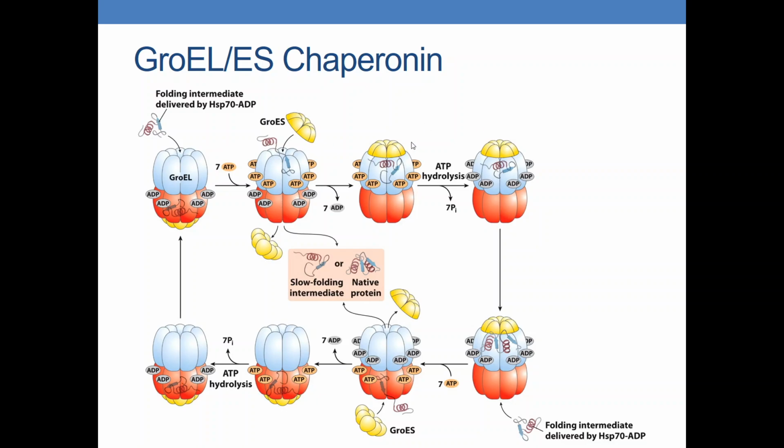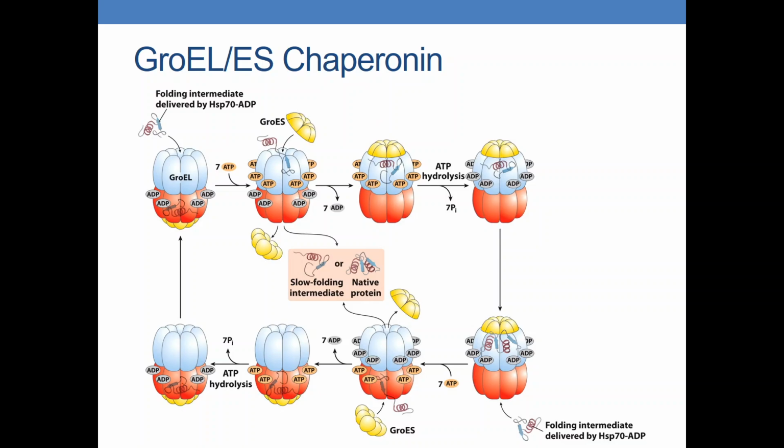So now we have a capped off, substrate bound, ATP bound cis GROEL ring that is ready to go. We have a substrate that's bound to that nonpolar surface. We have a cap so that the substrate can't get out, and we have ATP.